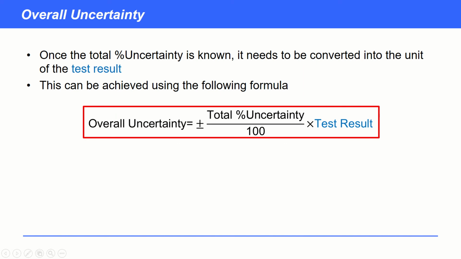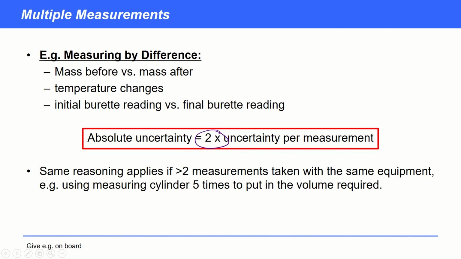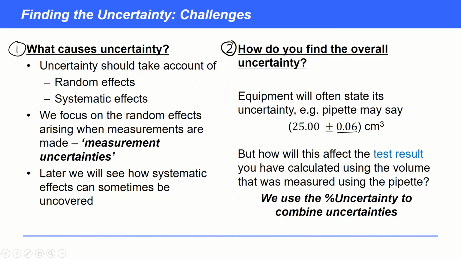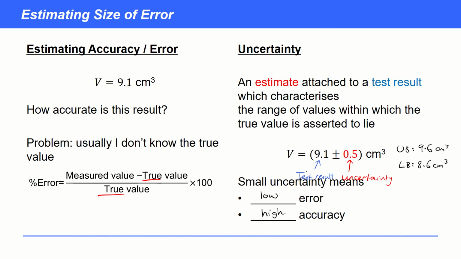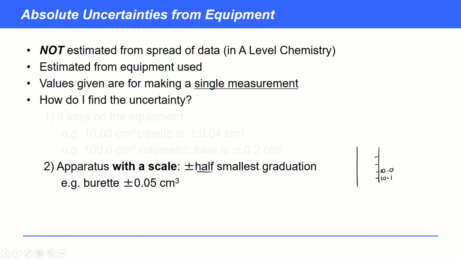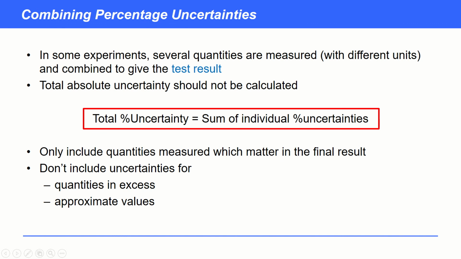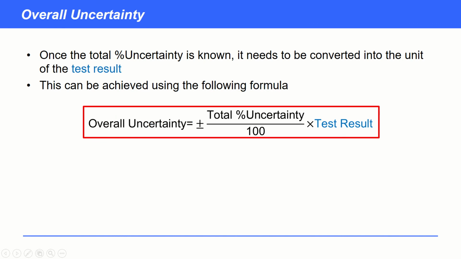Fourth and finally, once you've got the overall total percentage uncertainty, you need to convert it into the same units as the test result. Because remember, what we were trying to do is come up with an uncertainty which is in centimetres cubed here. So what we want to do in this case is use the following formula.